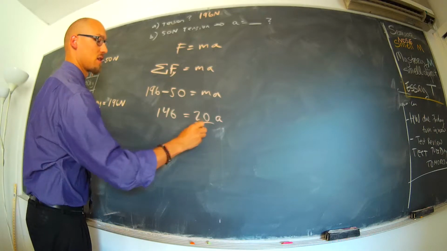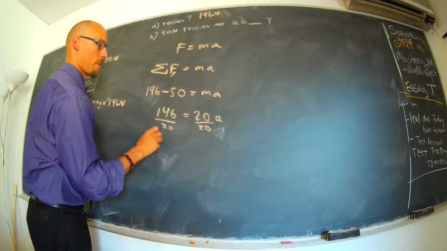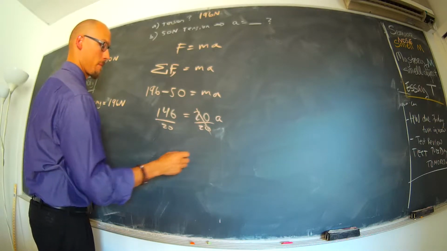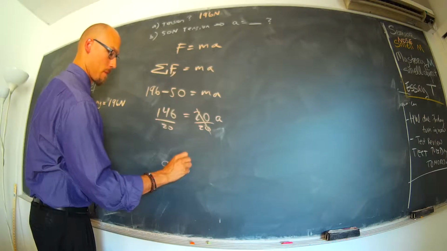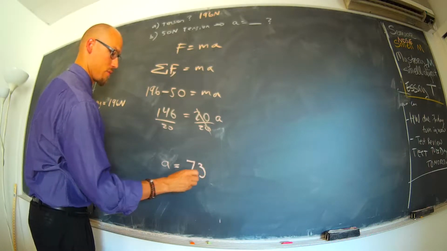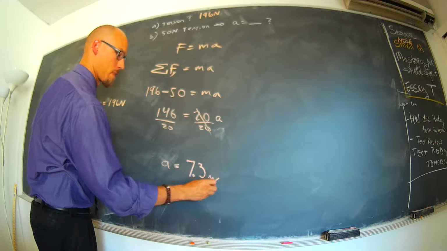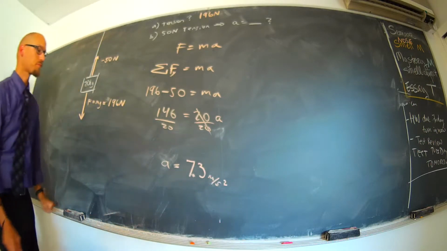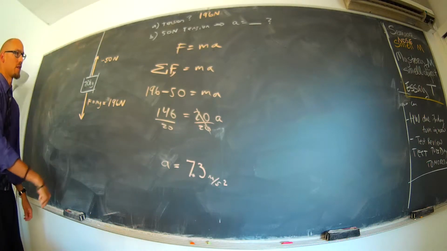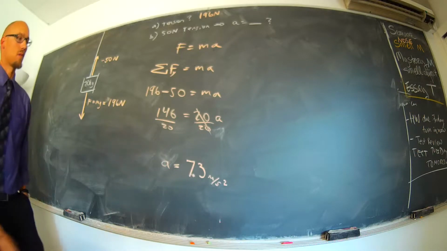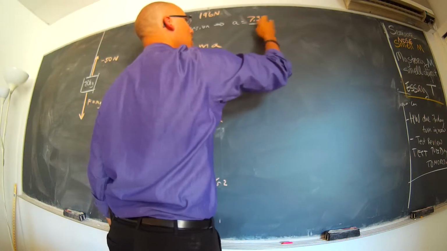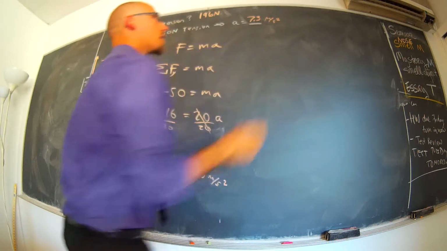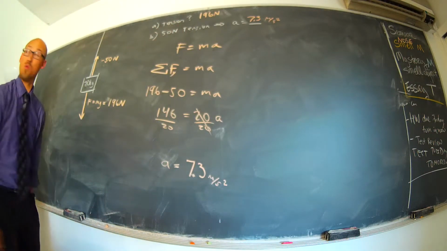To solve for acceleration, 7.3 meters per second squared. So that'll be the acceleration downward. Cool?